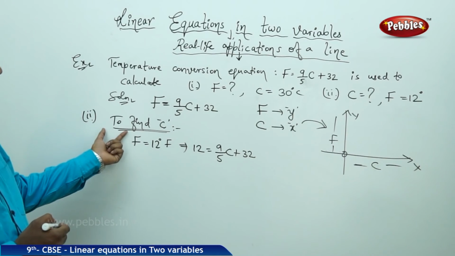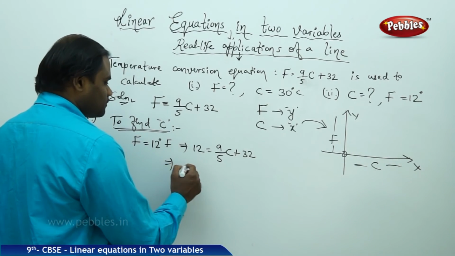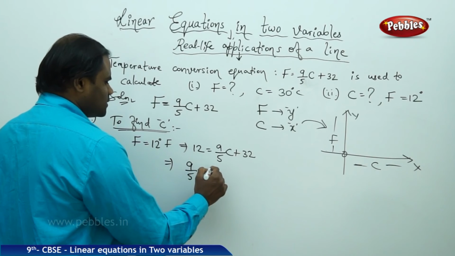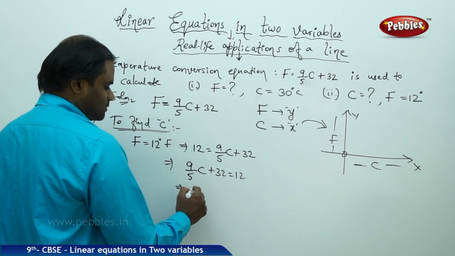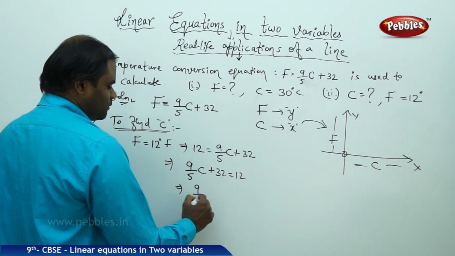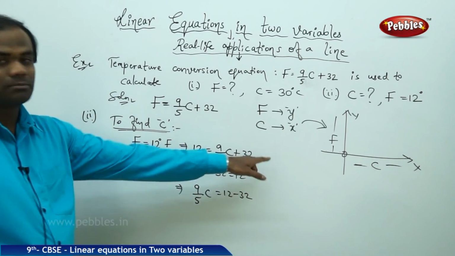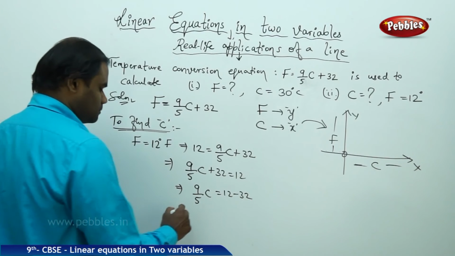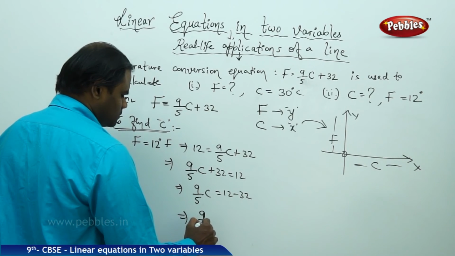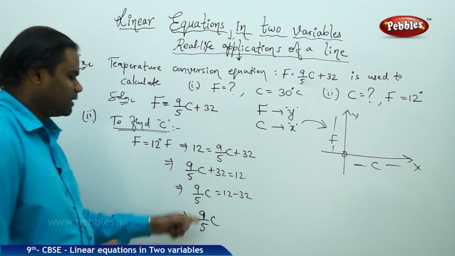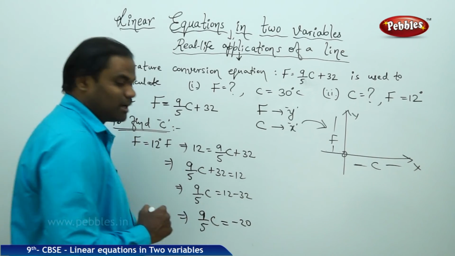Now it's about finding C, so I take this to the left hand side. 9 by 5 C plus 32 is 12. That implies 9 by 5 times C is 12 minus 32. 32 comes to the right as minus 32. That implies 9 by 5 C is 12 minus 32, which is minus 20.